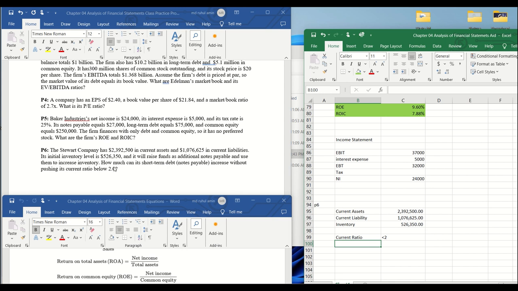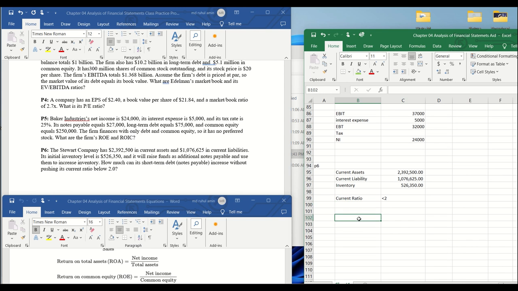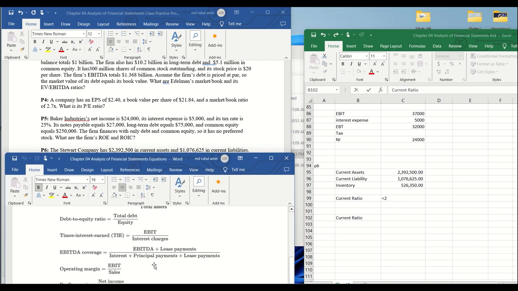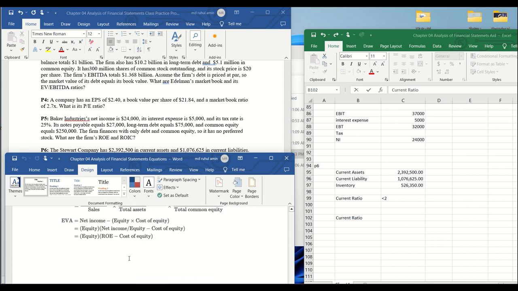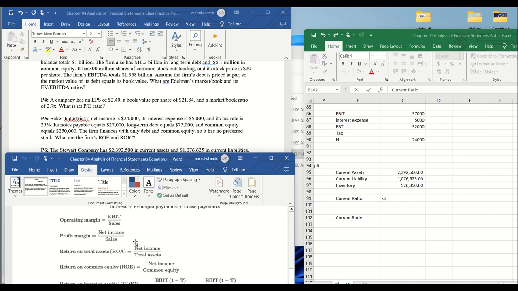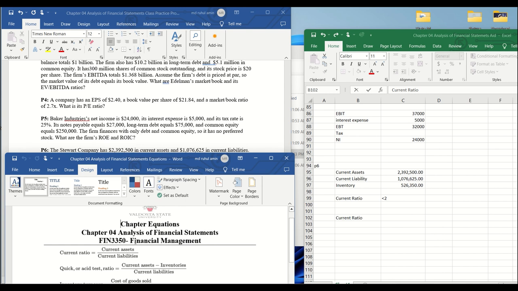Okay, so how much can its short-term debt, particularly notes payable, increase without pushing its current ratio below 2? Let's see the current ratio. What's the current ratio formula? Current assets divided by current liabilities.